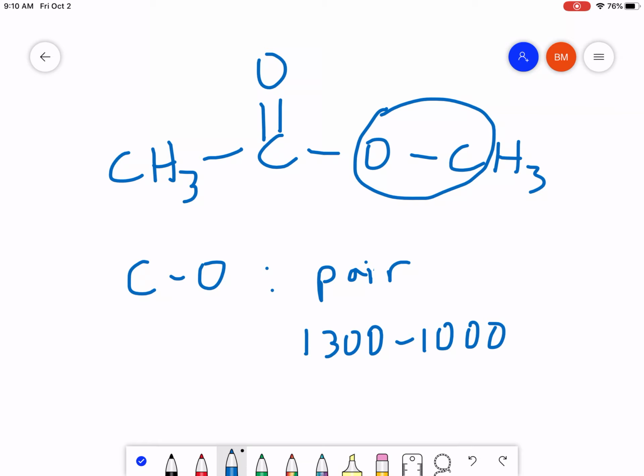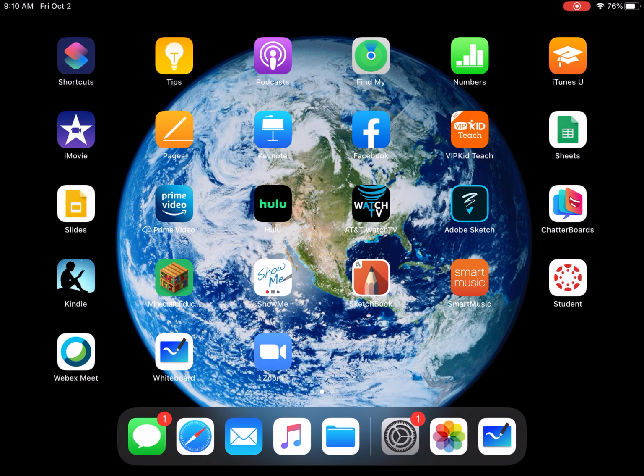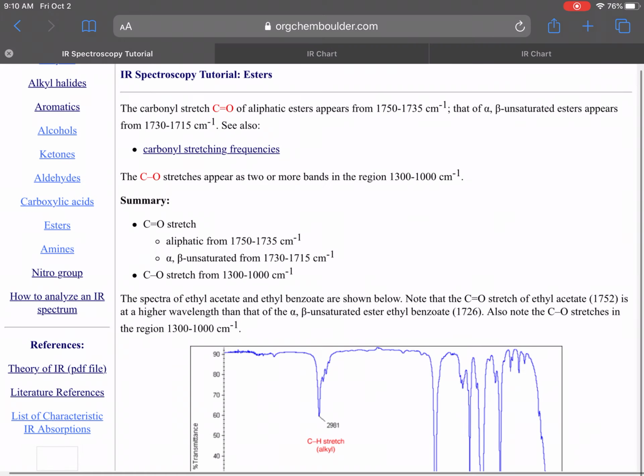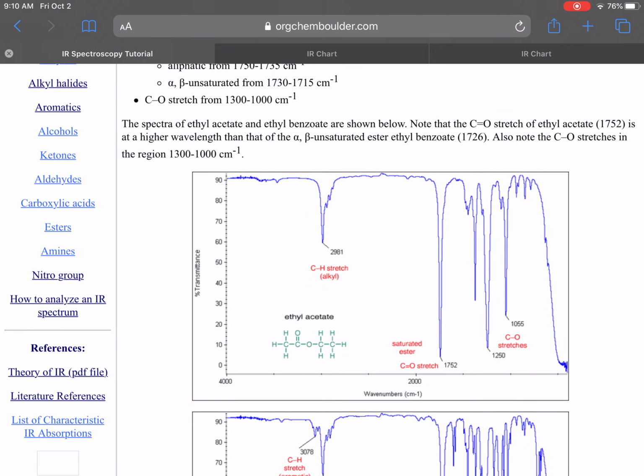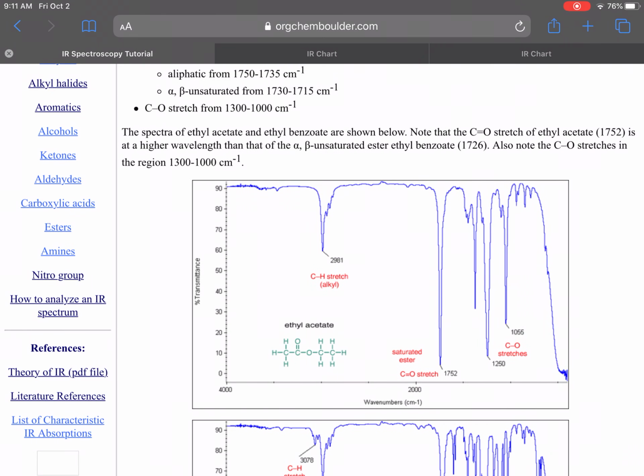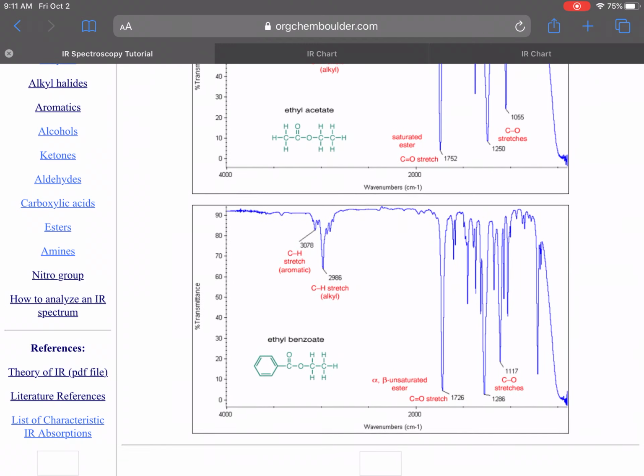But that is what distinguishes an ester from the other carbonyl compounds. So you need to be able to identify it, or else you might mistake it for a ketone. Over here in this example, we have a pair of very strong peaks, 1250 and 1055. Those are your CO stretches. The combination of those plus your carbonyl indicates that you probably have an ester.